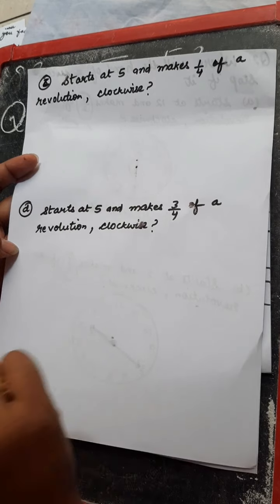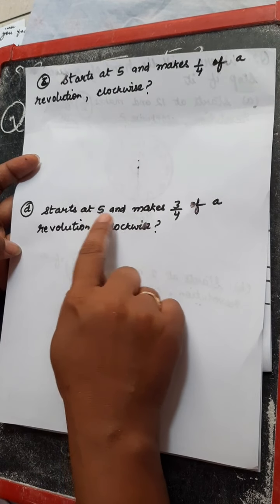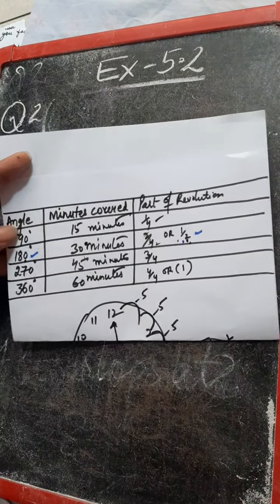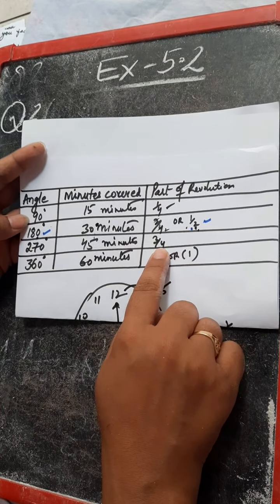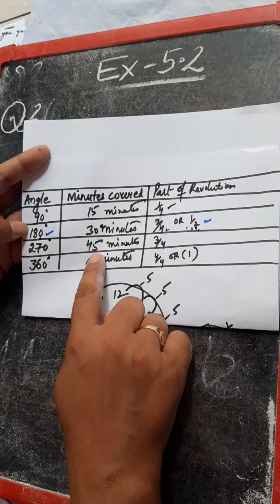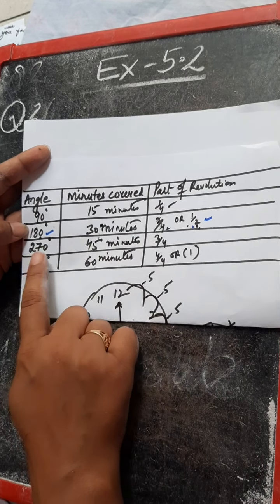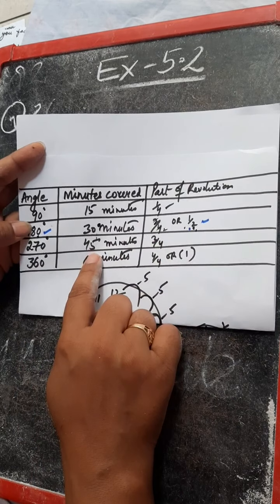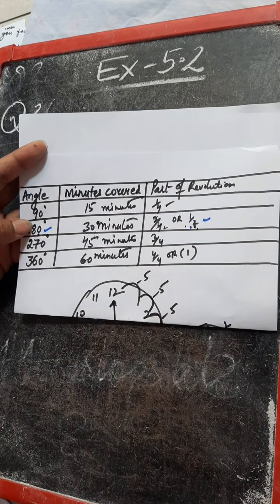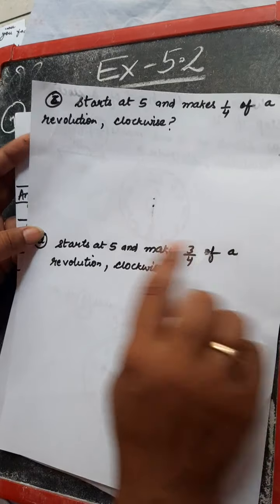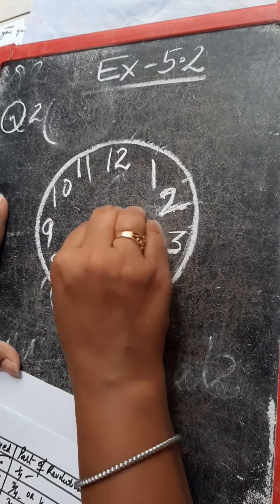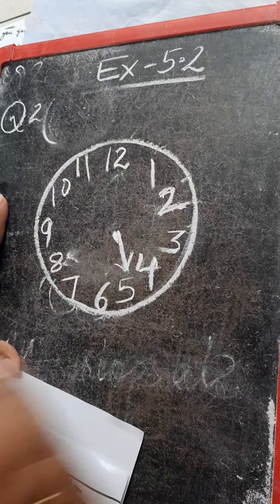Now the D part is, it starts at 5 and makes 3/4 of a revolution, and we know that 3/4 of a revolution means how many minutes covered? 45 minutes covered, or the angle formed is 270 degrees. So 3/4 revolution means 45 minutes have to be covered, and it starts from 5. So let's start. It starts from 5, and 45 minutes covered.